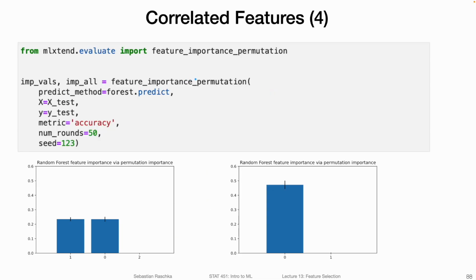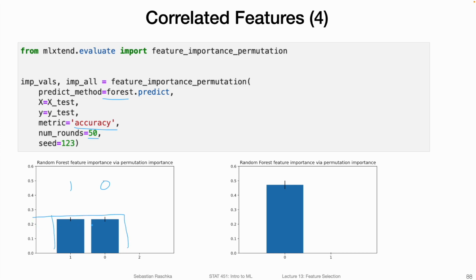All right, let's now compute the feature importance. Like before, we are using our fitted random forest, which has been fitted to our new data set here, 50 rounds, and using the accuracy as the metric. As we can see here, as we would expect, because the features corresponding to feature index 1 and 0 are perfectly correlated, they are sharing the feature importance.